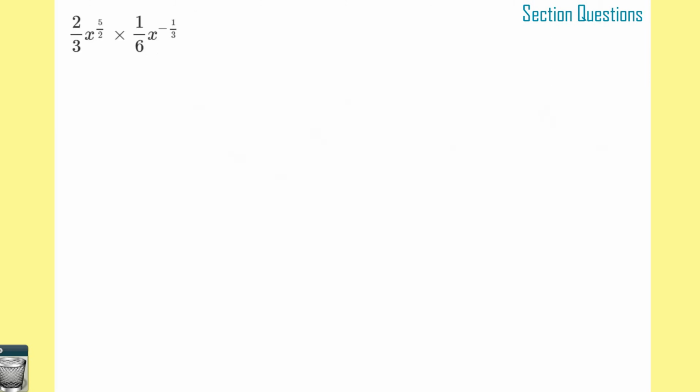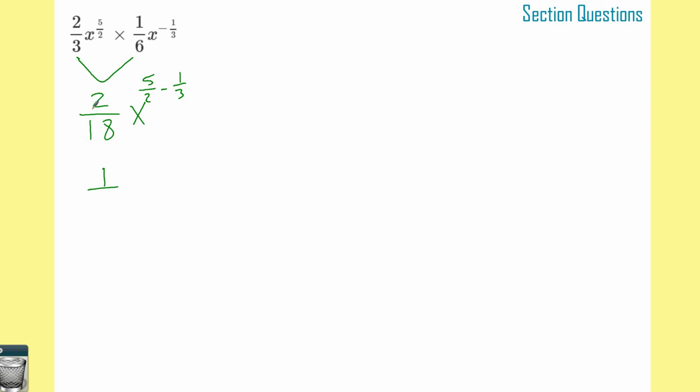So let's simplify these. So since I'm multiplying, I'm just going to combine or multiply my like parts. So the 2/3 times the 1/6 is just going to be 2 over 18. And then the x's are just going to be 5 over 2 minus 1/3. So I should probably put those in the common denominator.